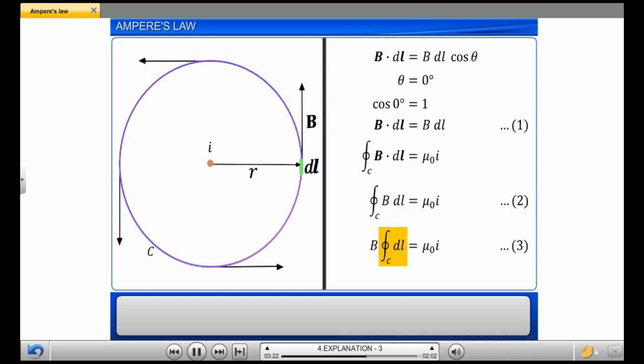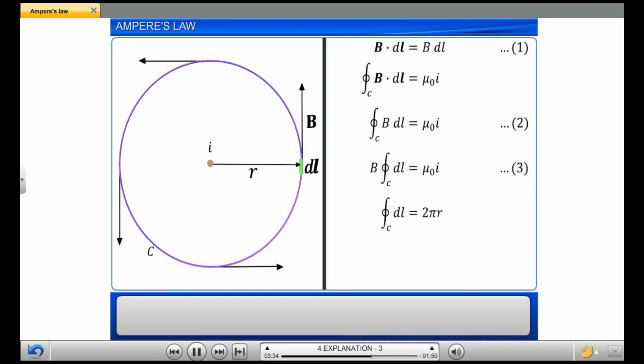The integral over the closed curve C, dl is equal to the total length of the Amperian loop, which is equal to the circumference of the circle. That is, integral over the closed curve C, dl is equal to 2 pi r. Let this be equation 4.